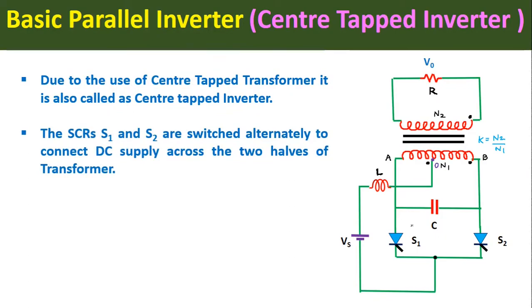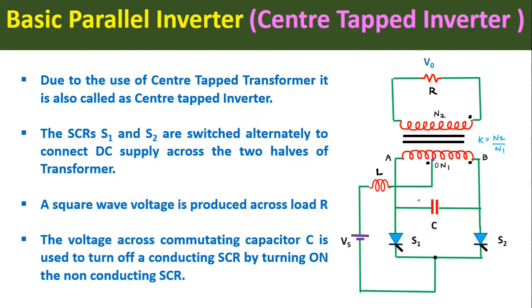These switches S1 and S2 are switched alternately to connect this DC supply Vs across the two halves of the transformer. The output which we get across this load resistor R will be a square wave voltage, or you can say it is a type of sinusoidal waveform we are getting across this load resistor R. The voltage across the commutating capacitor C is used to turn off the conducting SCR by turning on the non-conducting SCR.